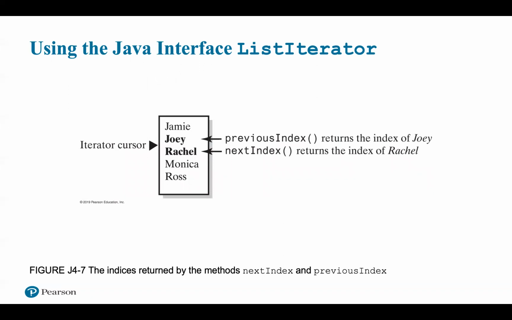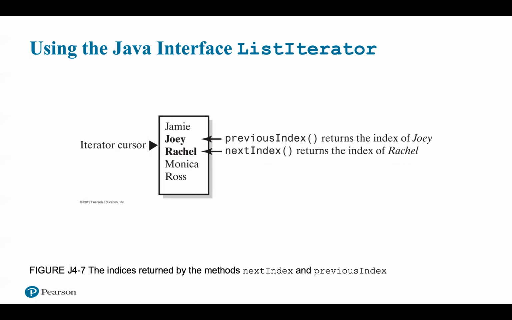Let's talk about the indices of the current and previous entries. In this figure, it shows the methods nextIndex and previousIndex. Each returns the index of the entry that a subsequent call to next or previous, respectively, would return. Note that the iterator numbers the list entries beginning with 0 instead of 1, as our ADT list operations do.